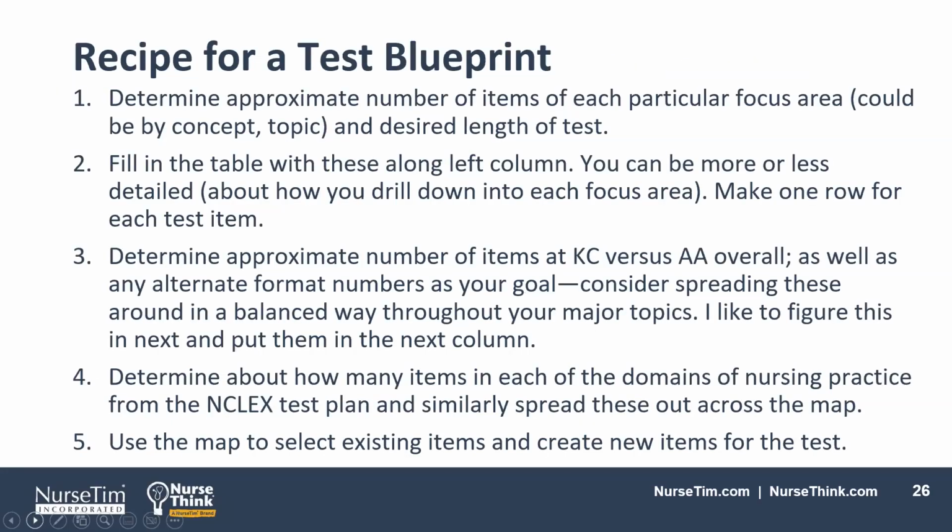So the recipe for a test blueprint, well, we need to, again, go back to our master plan. How many items do we anticipate for each focus area, whether that's a concept, a topic, the number of hours we have, however you define that? And we fill this table in. Now, as I mentioned in that appendix, I have a kind of quick and easy example of a test blueprint.